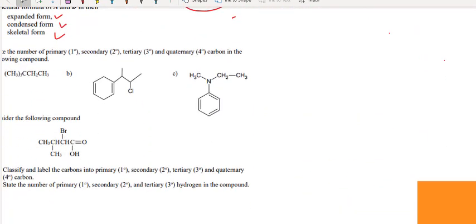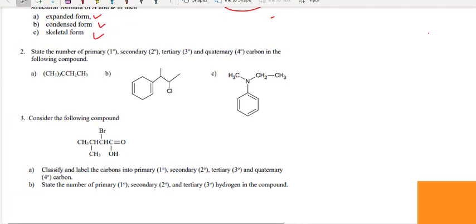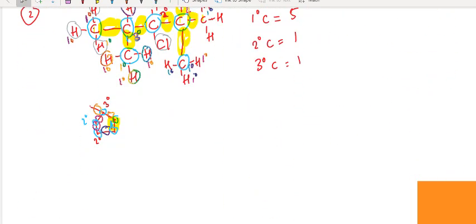And the last question, number 3. Consider the following compound, classify carbon. Ni pun sama, konsep dia sama je sebenarnya. Okay, the same concept for question number 3, but maybe I can show you a little bit about the trick of question.